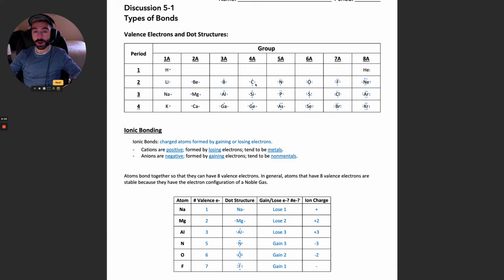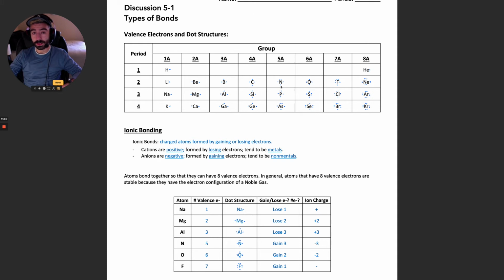Now, group 4A, we don't really see anything happen because they have 4. It could gain 4 or lose 4, and because of that, it doesn't lean one way or the other, so we don't really see these participate in ionic bonding. Now, 5A, nitrogen, phosphorus, and arsenic, right? These could go a number of different ways.